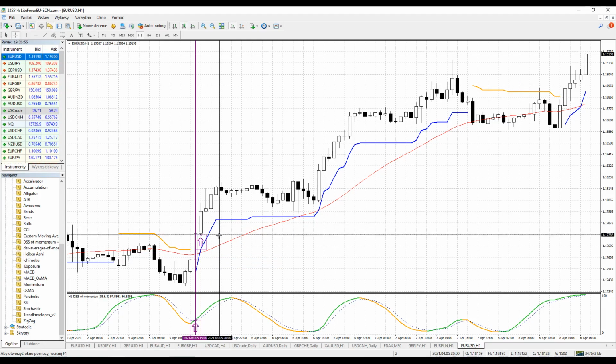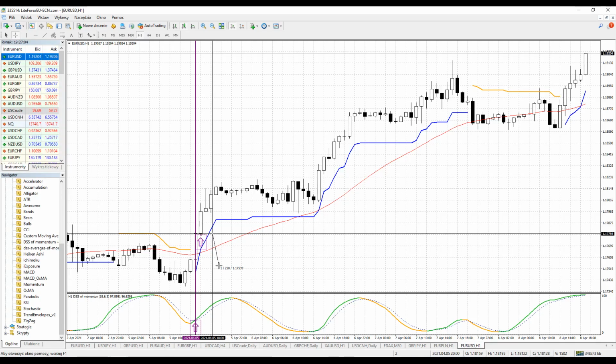So let's have a look where we have 25 to the downside, 117.53 in that case, and upside 40 to 50. In that case, we hit the target quite quickly.